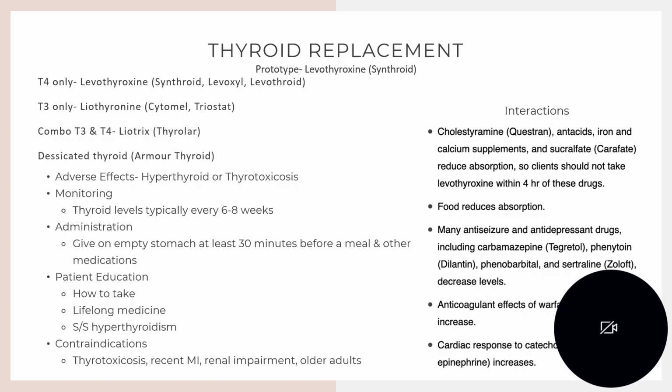More commonly, I have treated people with medication for hypothyroidism. And you do that by giving them a thyroid replacement. So, this acts like our thyroid hormone would act in our body. To replace the thyroid, you're going to give medications that are going to act similarly to T3 and T4.